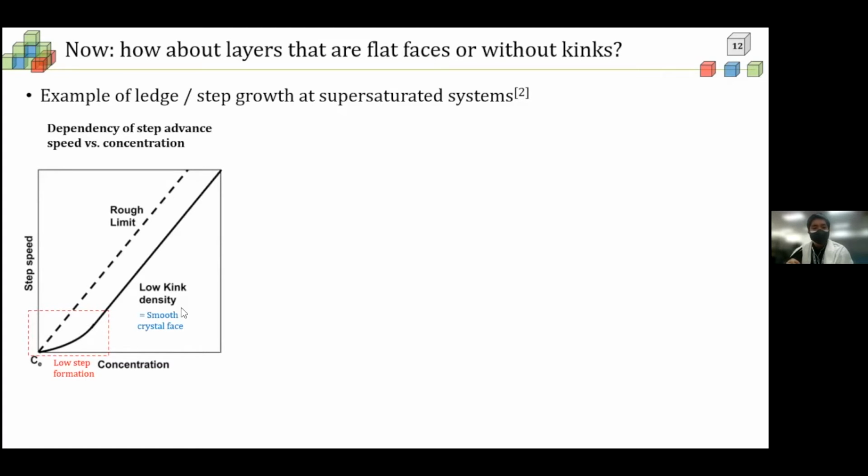But for systems with very low kink density or atomically smooth surfaces, there is basically a lag time before growing the crystals because they need to create these steps first.